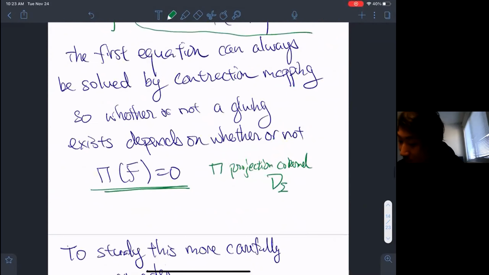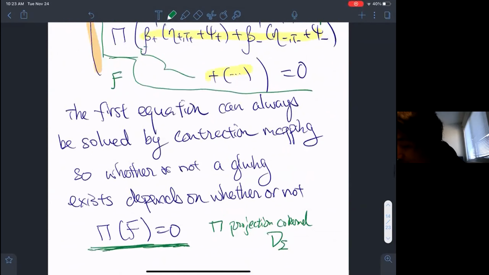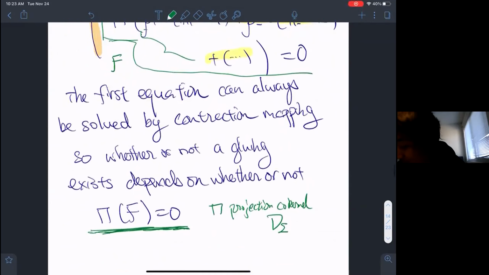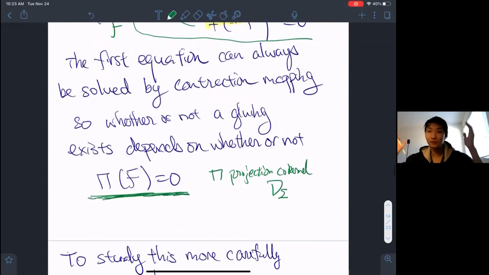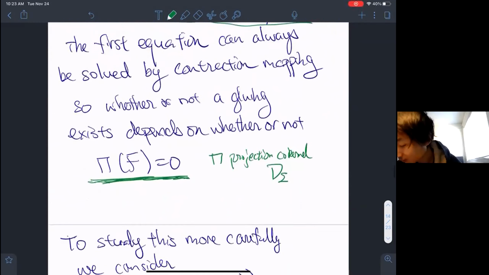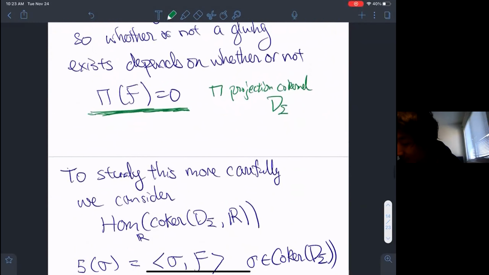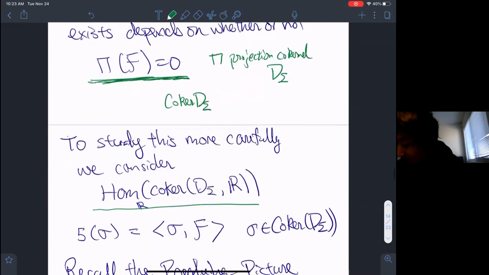So of course we want to phrase this as where this whole giant F is equal to 0. We're first going to phrase it a bit more cleverly, using the obstruction bundle. So instead of considering the co-kernel of d sigma, I'm going to consider this space.